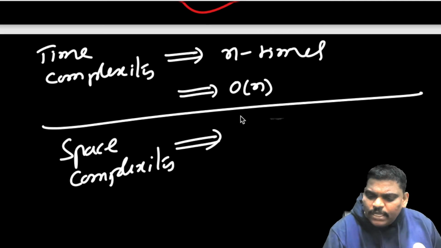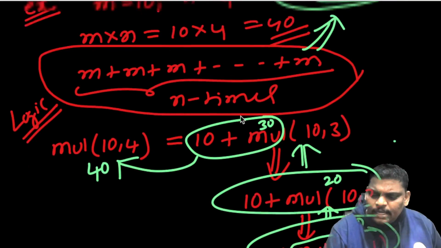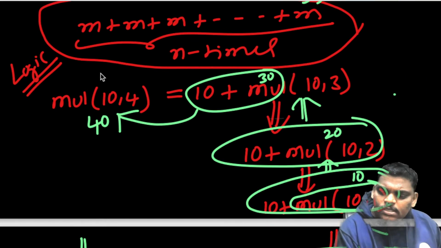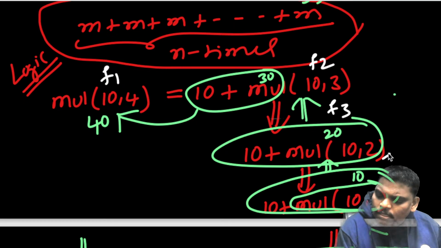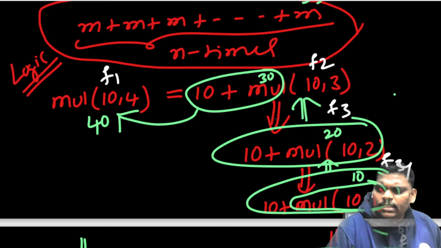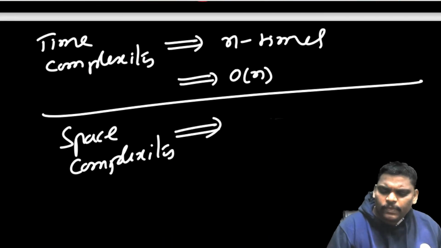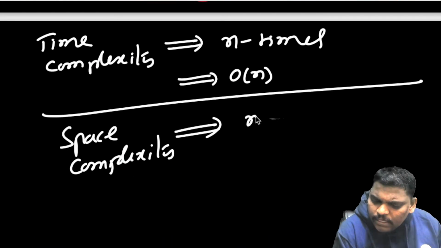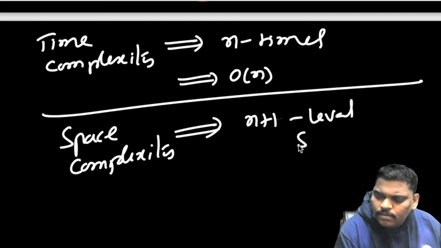If you observe clearly, this is one function call, this is one more function call, and one more, F1, F2, F3, F4. The termination call, even if you don't write it, is no problem. I think almost n times, so n plus 1 level stack.